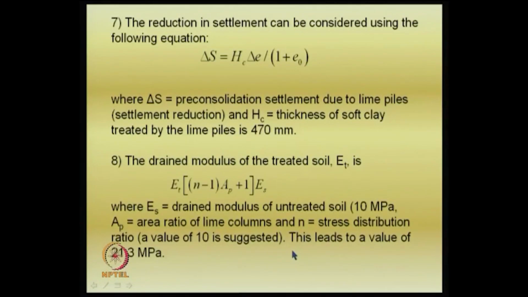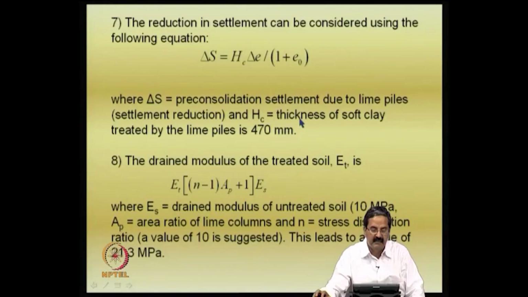Okay. So, one can estimate even the pre-consolidated settlement, how much settlement you have accelerated here, because you removed water, right. So, what is that preempted settlement? If you take HC as the thickness of the soft soil, it is about 470 mm here, one can have all these calculations done and it comes.